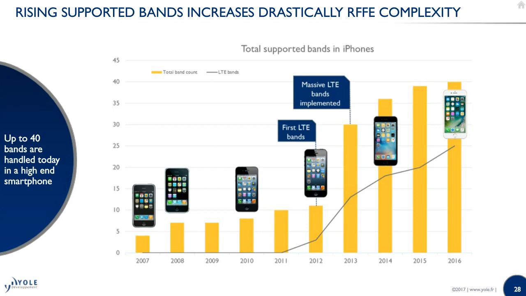At the beginning, if you only look at the total number of bands that your phone was handling, it was handling around 4 different bands. Then what happened in 2012, 2013, when we've seen massive implementation of 4G, so really 4G implementation, LTE bands.